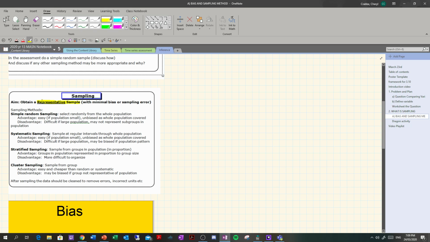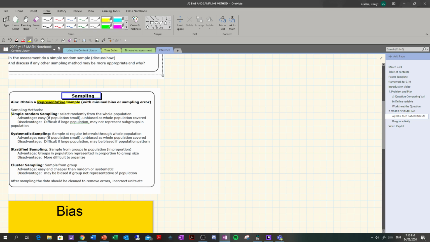Now, a representative sample basically means that the sample represents the population. So if you have a certain proportion of males and females in your population, your sample should represent that same type of proportion. If you've got a certain proportion of Maori in your sample, then it has to reflect that. So it has to be a representative sample.